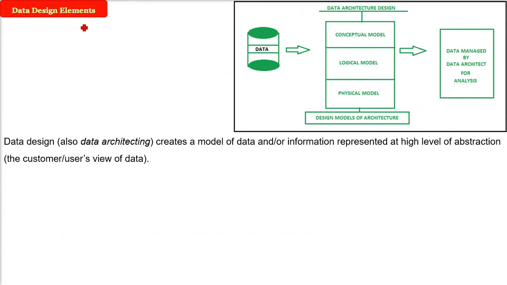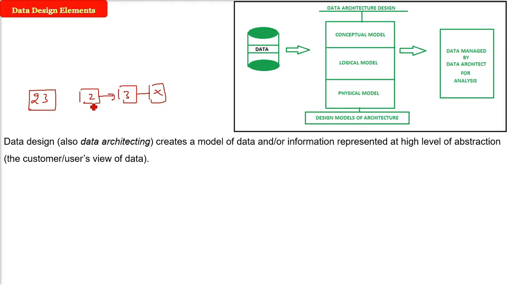Data is the most important part of any kind of design. So data design is also called data architecting. There are many data structures and functions which are going to help you or allow you to handle or process this data.